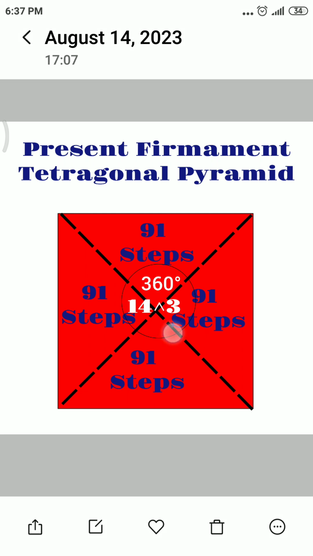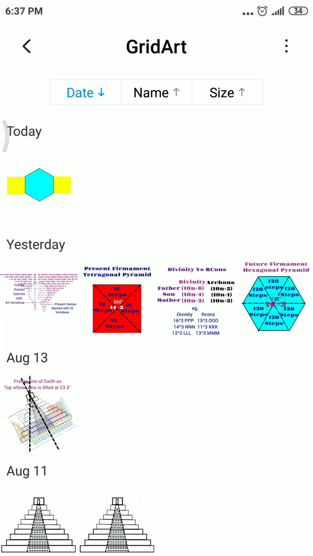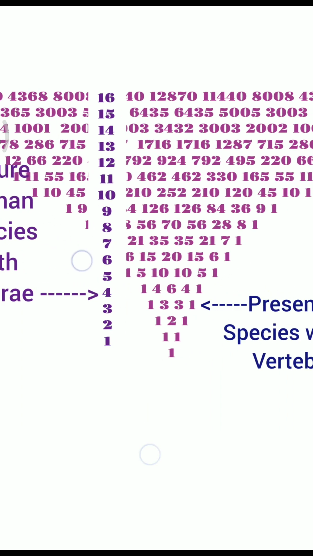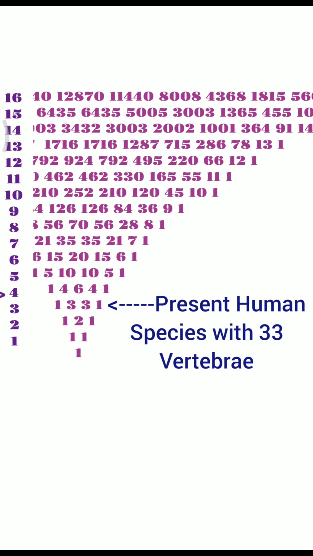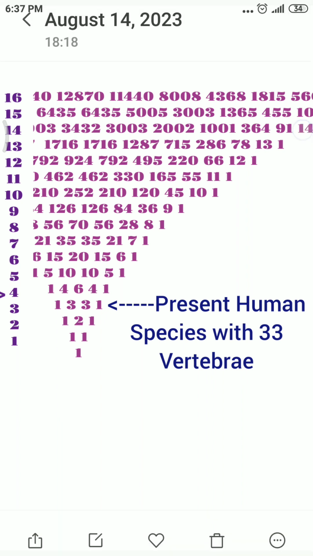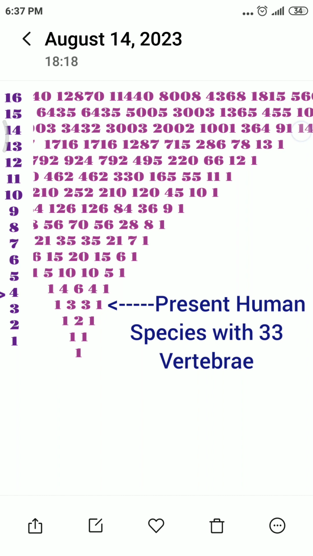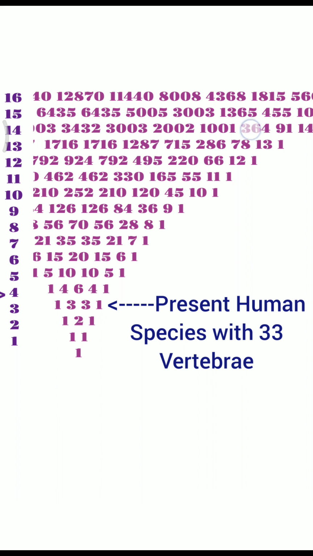But beyond this, if you look at Pascal's triangle, this is where we have it now, 14 steps. 9 planets into 14 should have been 126, and 126 fours should have been 504, but we have only 364 days here.